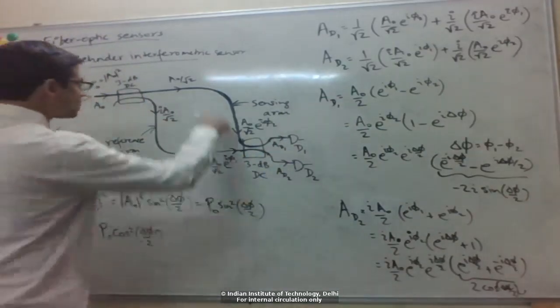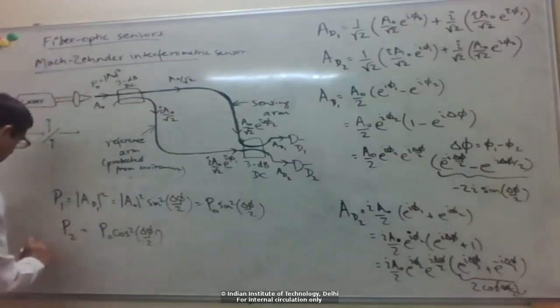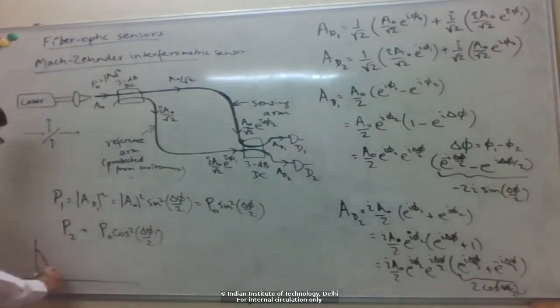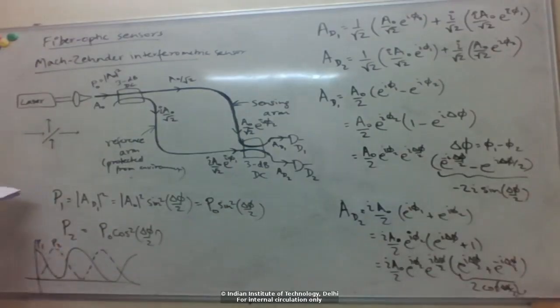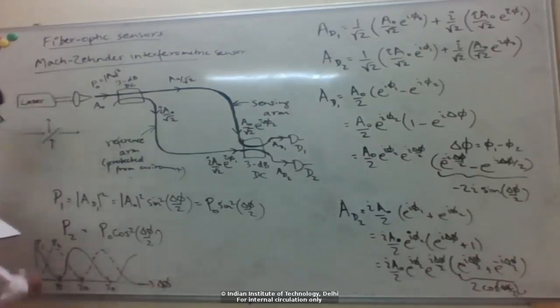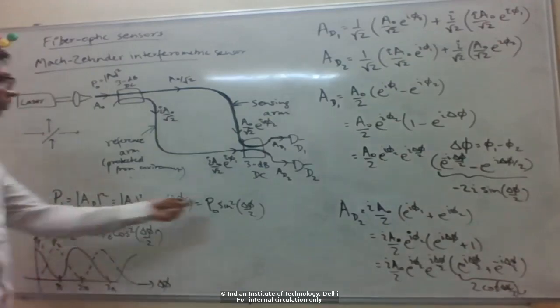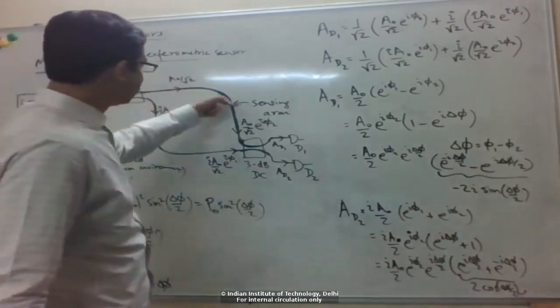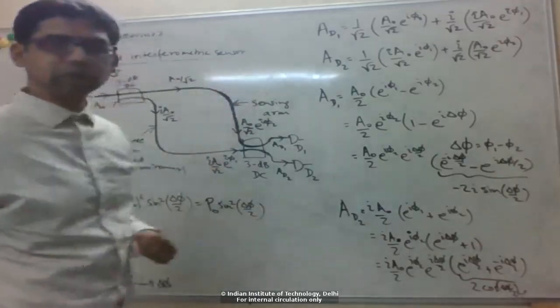So as a function of the phase difference between the sensing and reference arms, the power oscillates between the two detectors. So it's P1 and P2. And the phase difference changes basically due to changes in the phase acquired in the sensing arm, which is exposed to the environment.